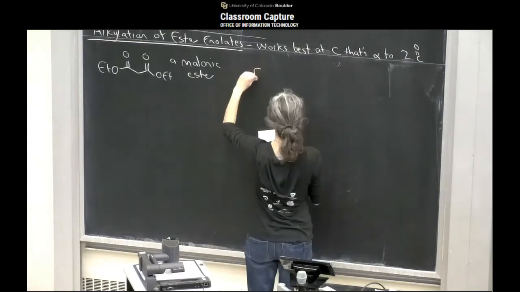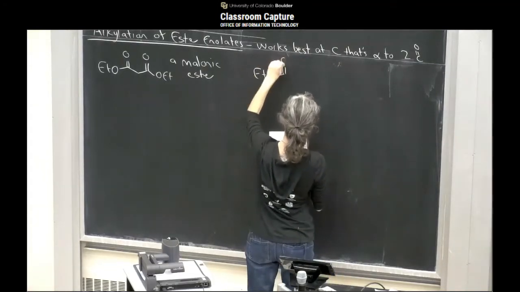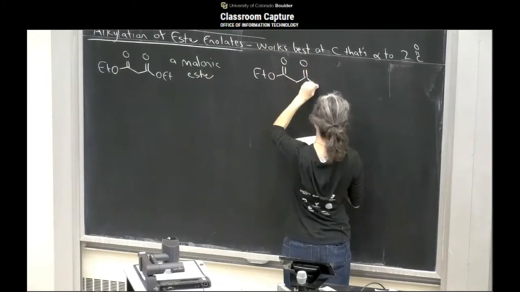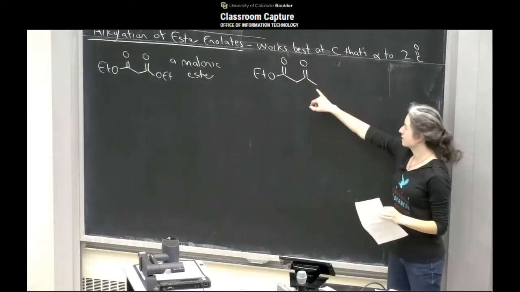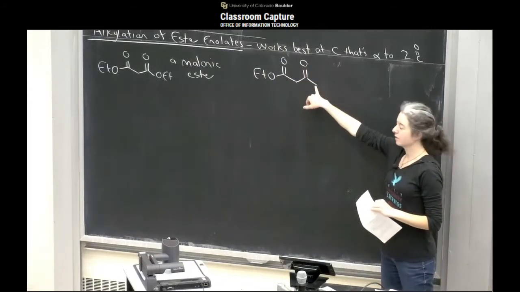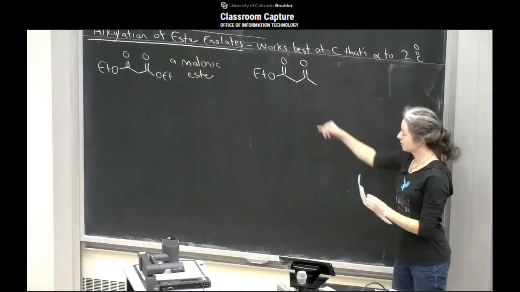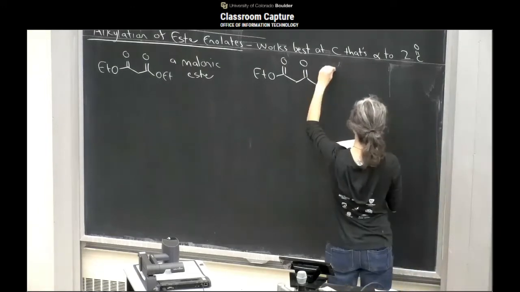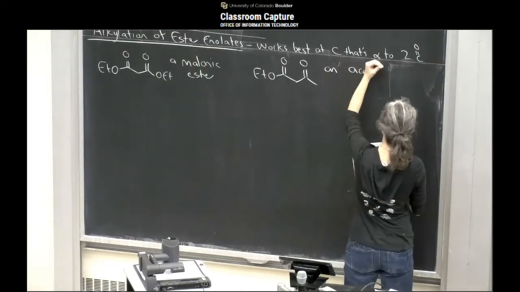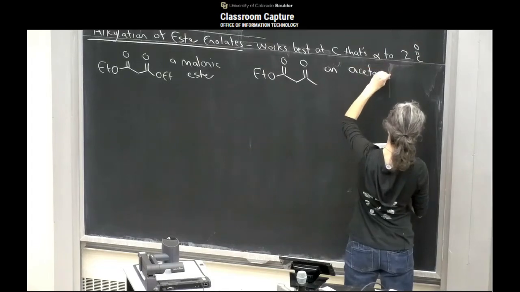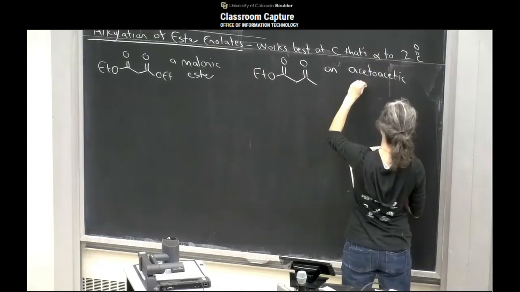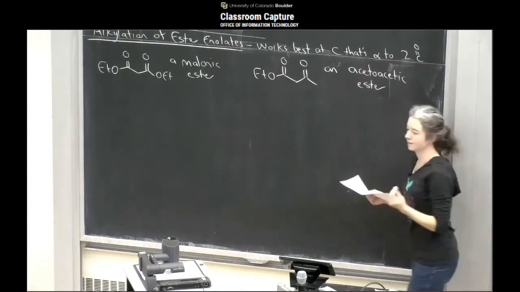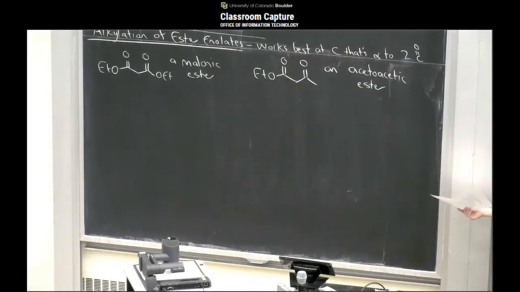Or you can do it with this thing. Similar, only instead of an EtO group out on one end, it's got a methyl group. This one is called an acetoacetic ester, and technically this is ethyl acetoacetic ester because it's got the ethyl group on it.